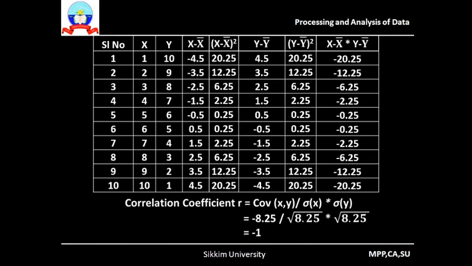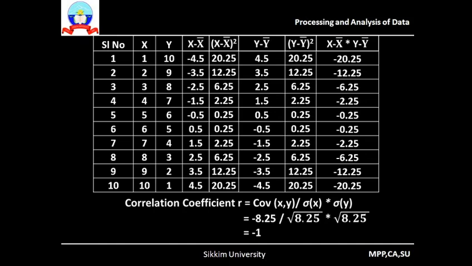Likewise, we have found differences of data points in y from the mean of y, and the square of differences, and then the product of differences in x and differences in y.